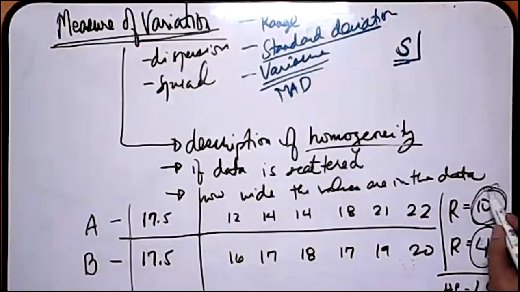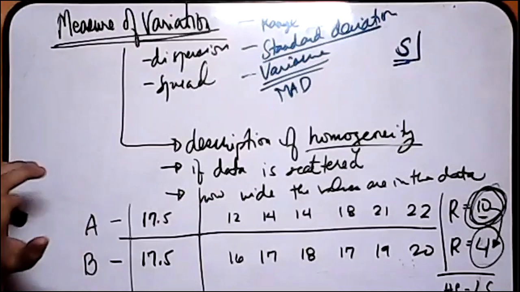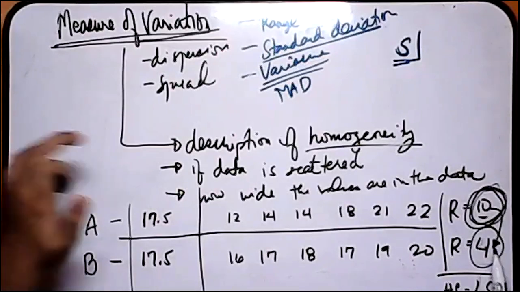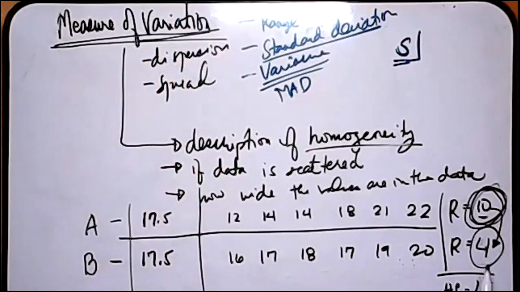And if you look at the value that we get for R, which is 10, this is larger than 4. What does this tell us therefore? It tells us that the lesser the value of the range or any of these measures of variation, the lesser the value, the more homogeneous the data set is.